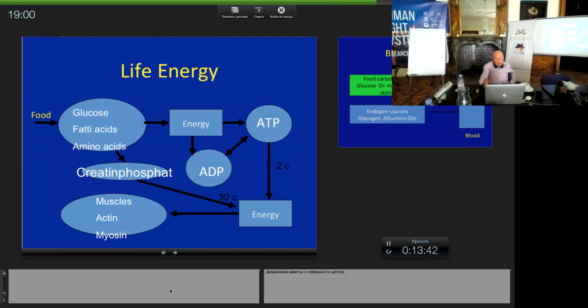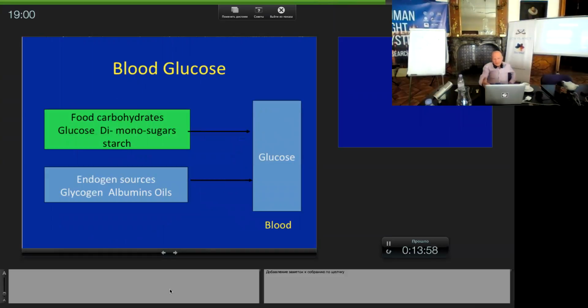And of course, we are extracting a lot of energy from food. We understand this. And then we are transforming this to adenosine triphosphate, adenosine diphosphate. It's based on blood glucose. That's why it's so important.